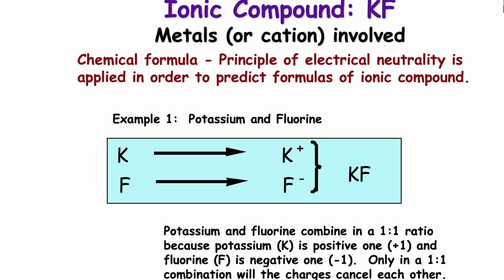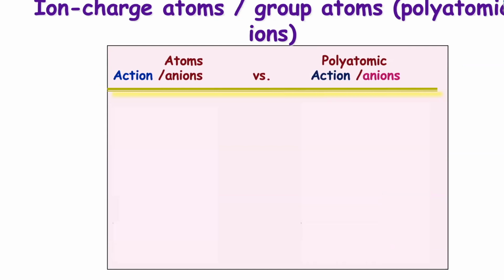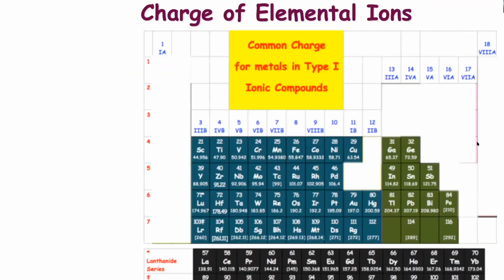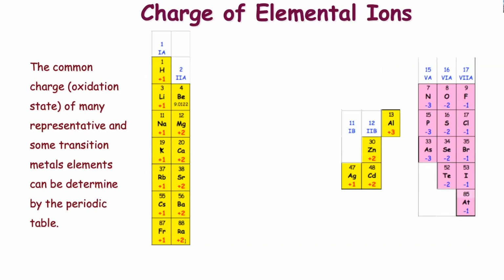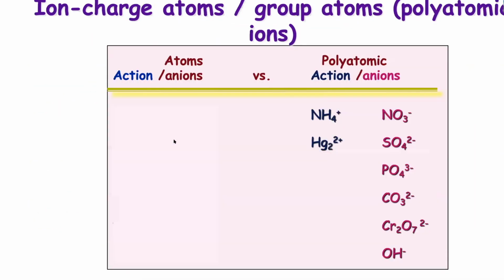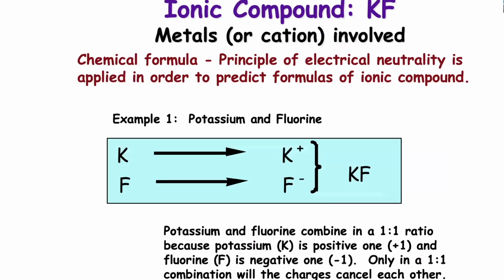Potassium. If you look at the periodic table, potassium is right here, number 19. It's got 1 electron in its valence shell. That's why it's +1. Now, fluorine is in the 7A family.